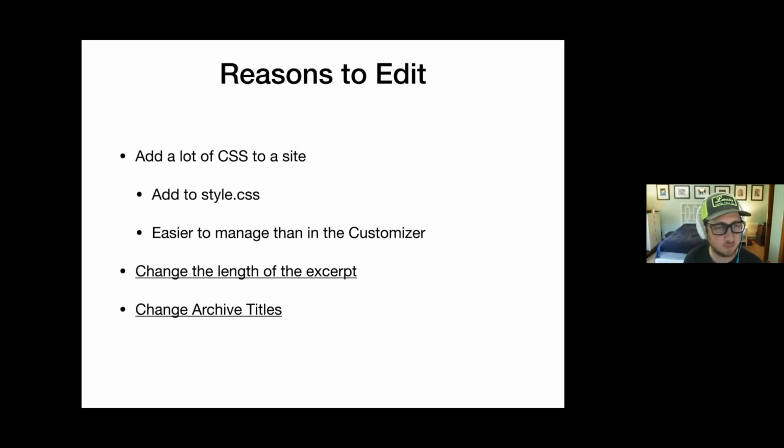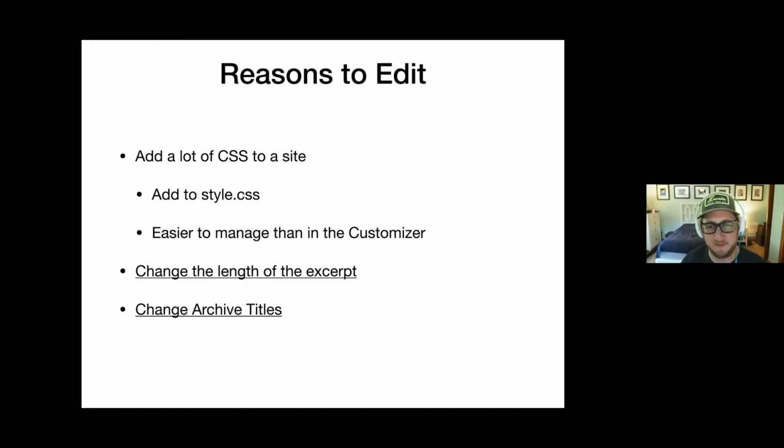So why would you want to put these edits in the theme? Again, if you have one or two selectors, or even ten CSS selectors you want to add to a site, throwing them in the theme customizer is perfectly respectable. But if you find yourself adding a lot in there, it could get a little unwieldy to work directly in the customizer.